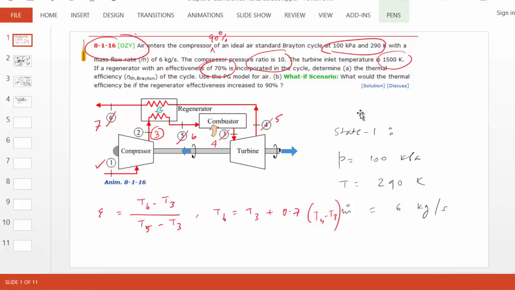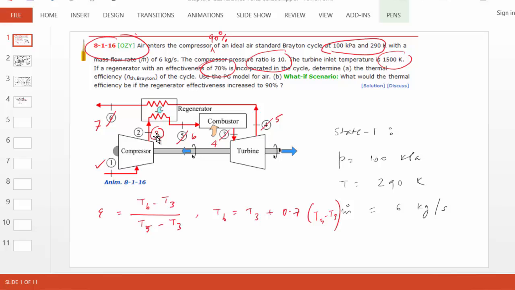Last state, state 7. We have found all the other states. So how do you find state 7? Well, to find state 7, concentrate on the regenerator. If we do an energy balance on the regenerator, that will give us the unknown, because we know state 2, state 6, and state 5. The easiest way to do a heat balance on a heat exchanger is to think of one fluid as the donor, giving out heat, and another fluid as the receiver, receiving the heat.